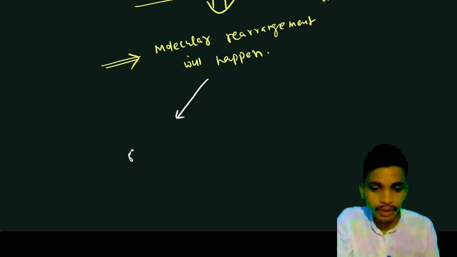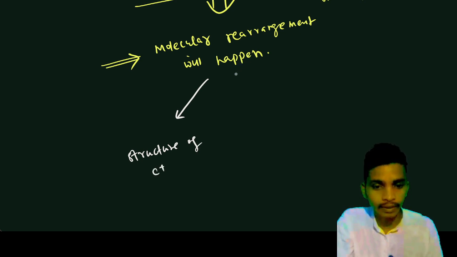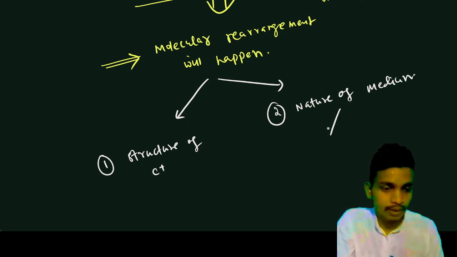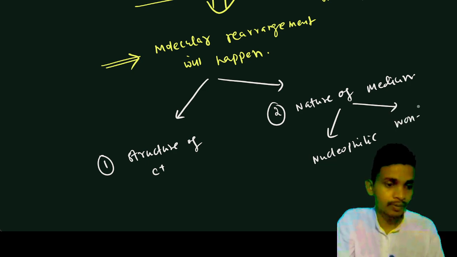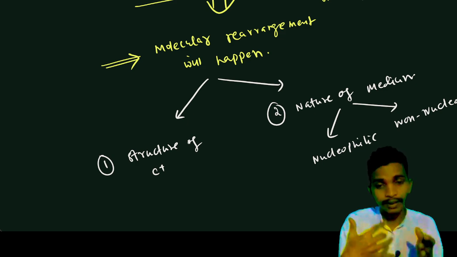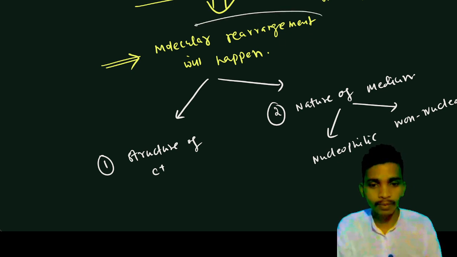One is the structure of the carbocation, and the other is the nature of the medium, that is, whether it is a nucleophilic medium or a non-nucleophilic medium. So whenever we see that the intermediate is a carbocation, we always go for molecular rearrangements.